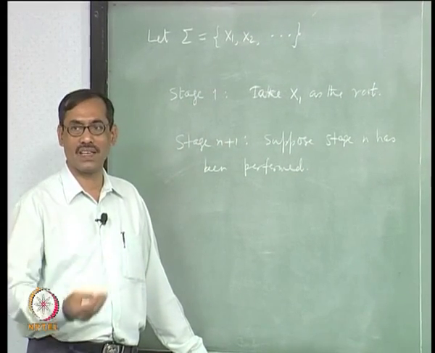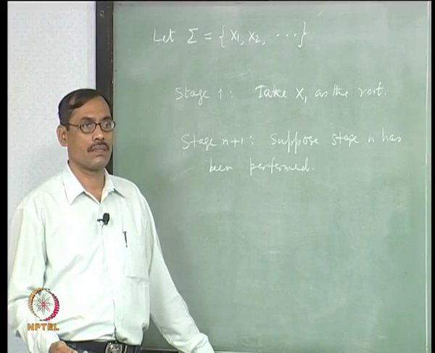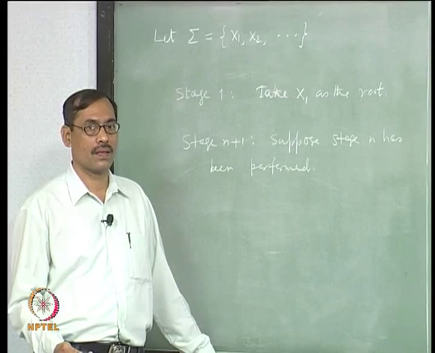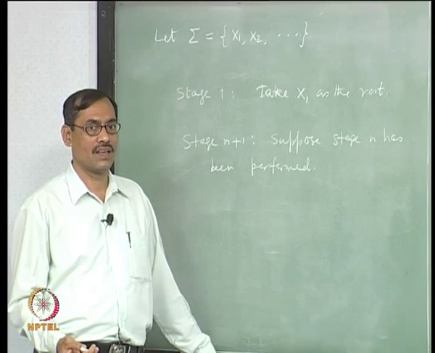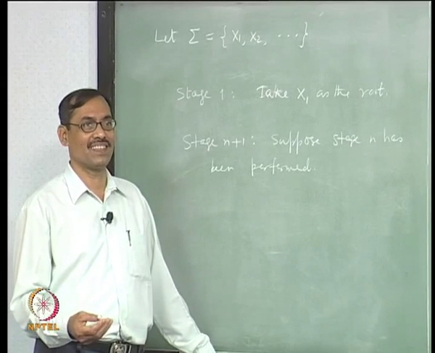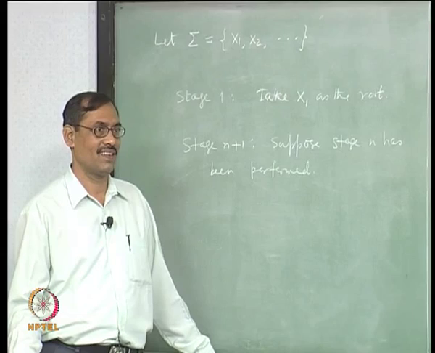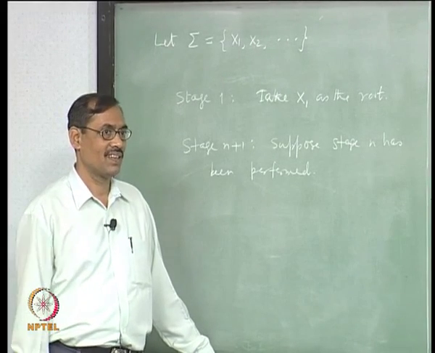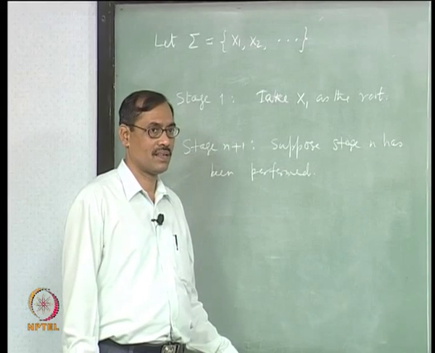Suppose you want to introduce x n plus 1, right. Where will you introduce? All the open branches. If some path is already closed, there is no need to introduce there, right. Is that okay? So, that is what we are going to do. Fine.